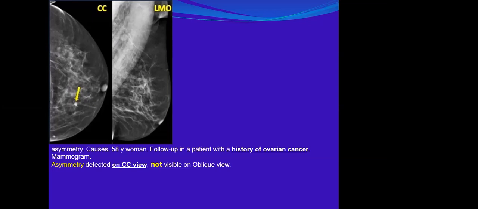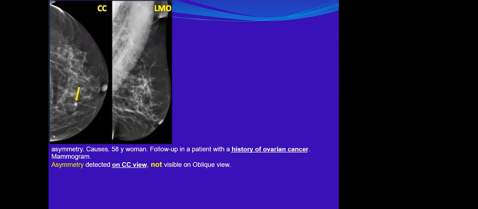Okay. Can you consider it BI-RADS 1 if you do a spot magnification view and you did not see it? You will call it BI-RADS 1 if the lesion is not seen on spot.